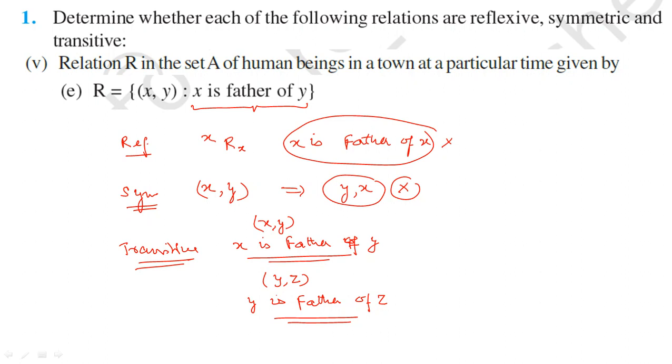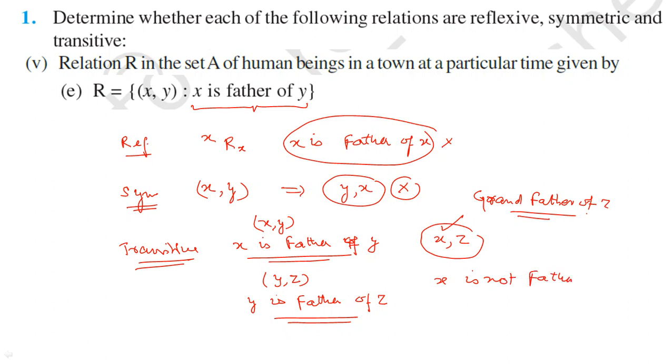Now Y is father of Z. Basically, what is the relationship between X and Z? X is basically grandfather of Z. This one is the answer basically. Now, X is not father of Z. This one is the condition. It means again the third condition is not satisfied in this problem.